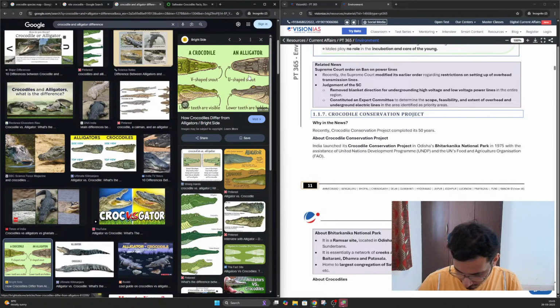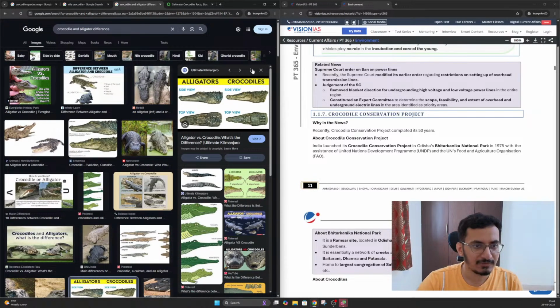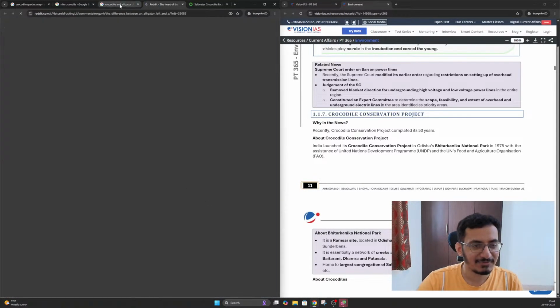Crocodile has V-shaped and U-shapes. Okay. Yeah, this is good. So this is an alligator and this is a crocodile. And I believe crocodiles are generally larger. That is a very nice difference between an alligator and crocodile.